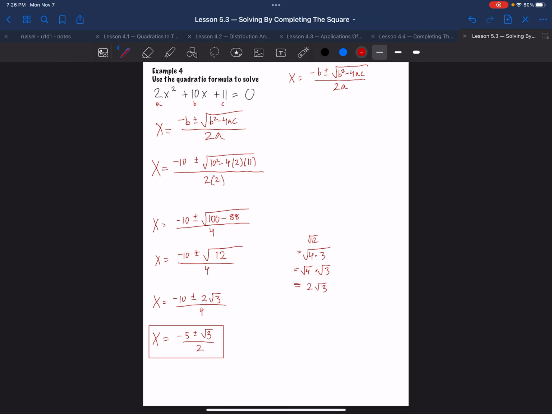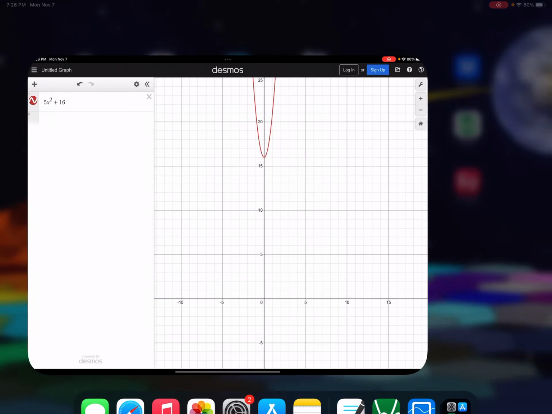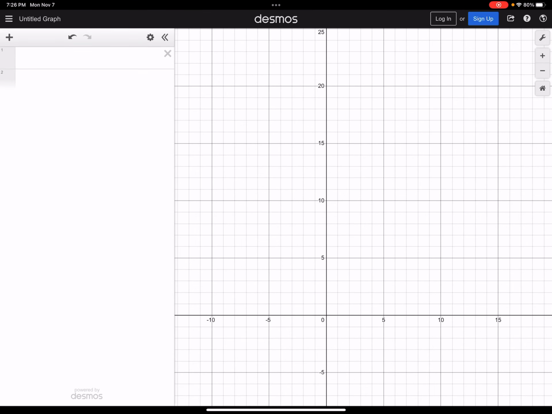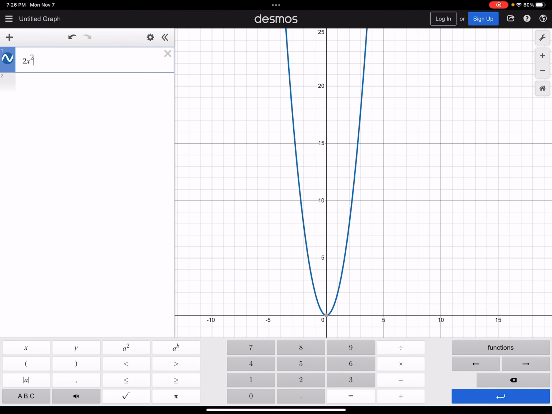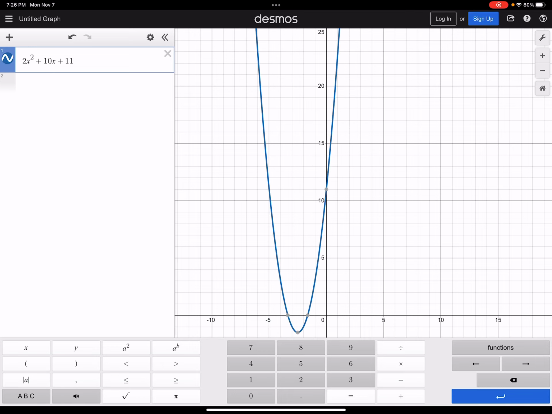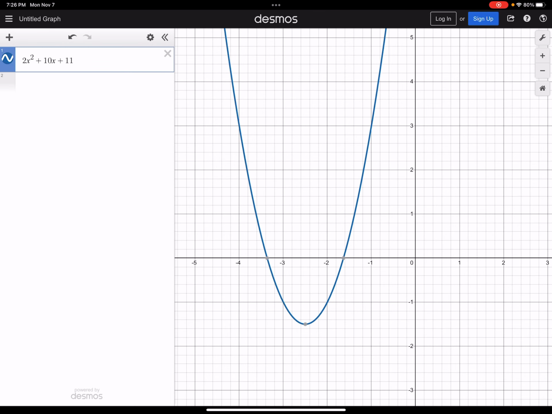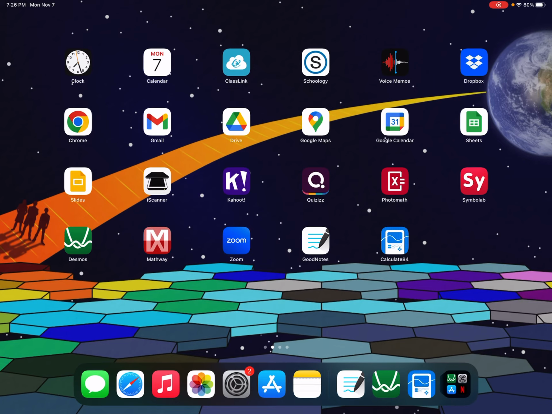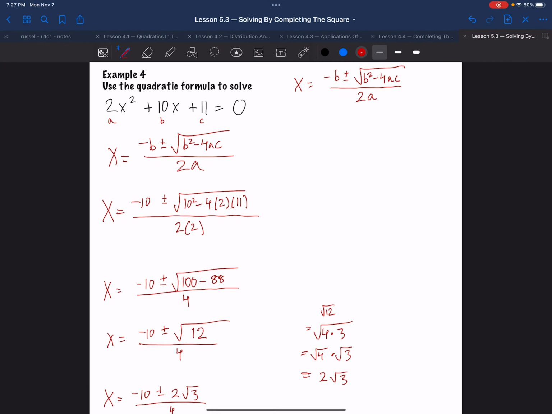I do want to show you real quick, though, that this is, in fact, the answer. Let's see, 2, 10, and 11. Let us do that. We'll do 2x squared plus 10x plus 11. Notice my roots are here. So negative 1.634. What did I say?